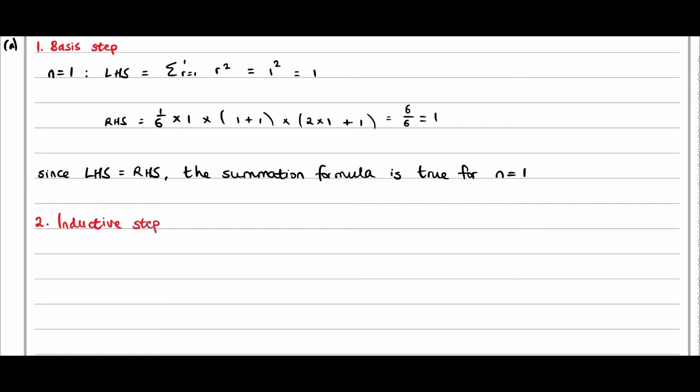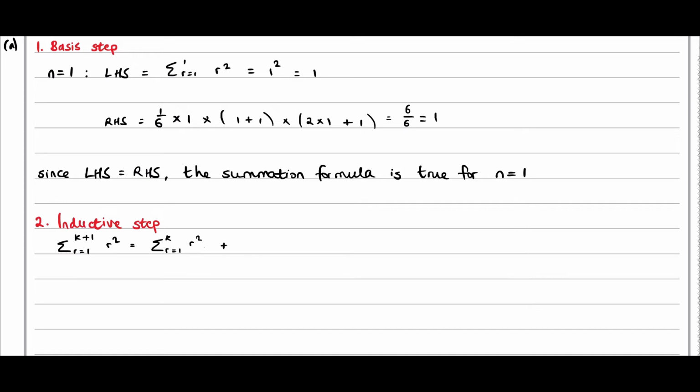Well, over here, essentially, we can rewrite the sum from r equals 1 to r equals k plus 1 of r squared. We can rewrite that as the sum from r equals 1 to r equals k of r squared.